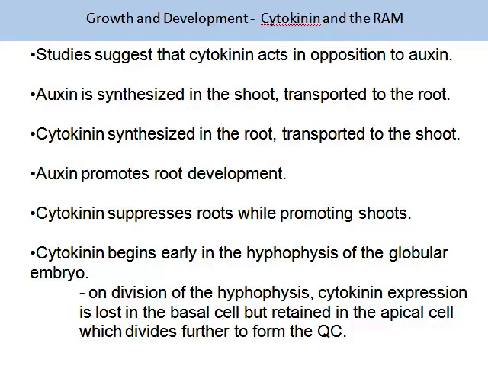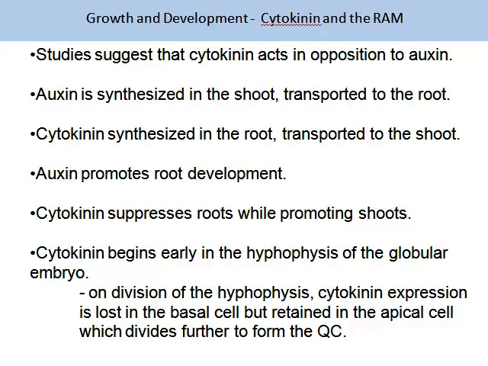Studies suggest that cytokinin acts in opposition to auxin. Auxin is synthesized in the shoot and transported to the root, while cytokinin is synthesized in the root and transported to the shoot. Auxin promotes root development while cytokinin suppresses roots while promoting shoot development.